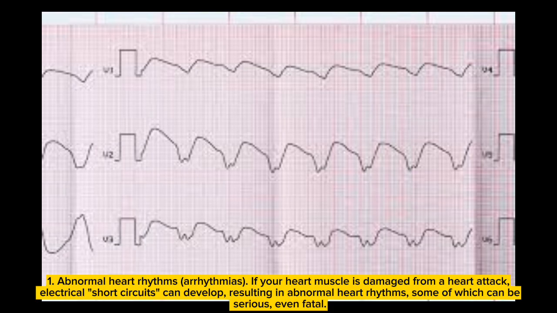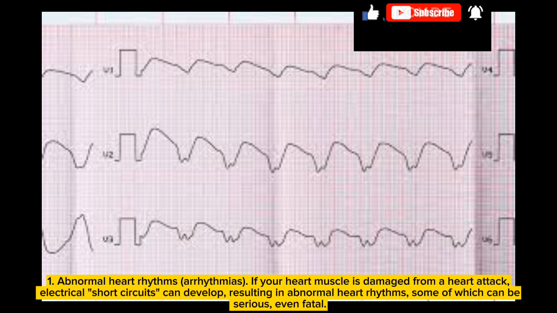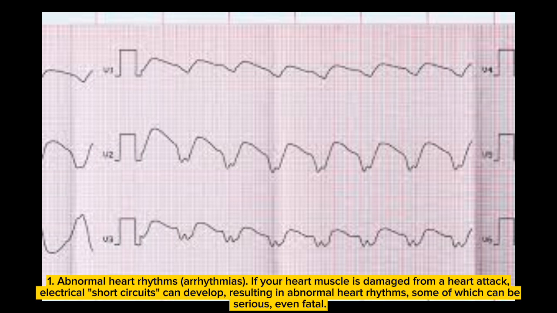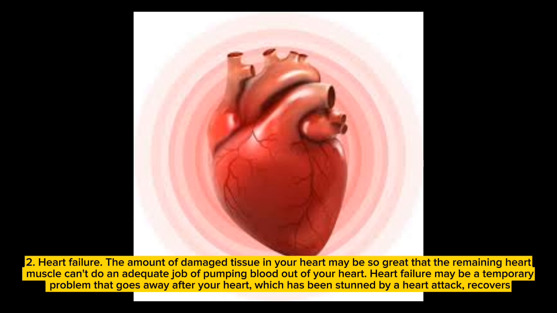Complications: 1. Abnormal heart rhythms. If your heart muscle is damaged from a heart attack, electrical short circuits can develop, resulting in abnormal heart rhythms, some of which can be serious, even fatal. 2. Heart failure. The amount of damaged tissue in your heart may be so great that the remaining heart muscle can't do an adequate job of pumping blood out of your heart.